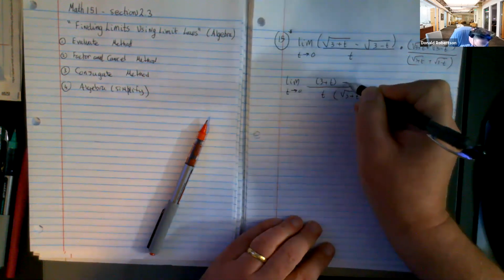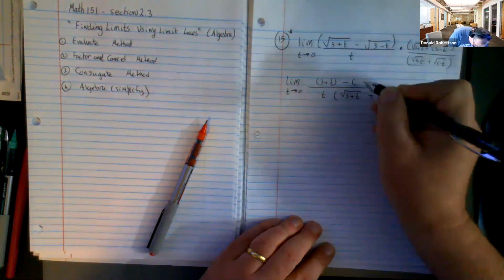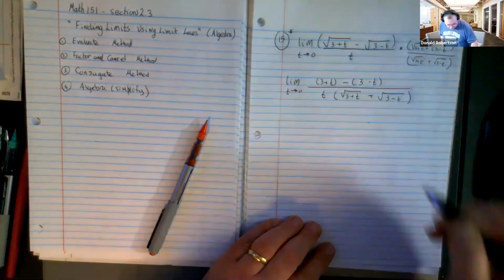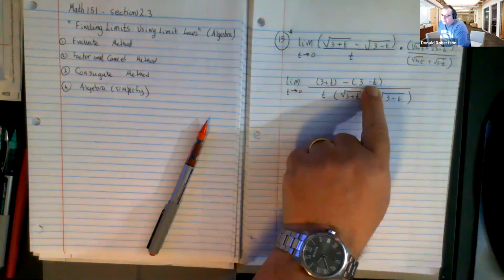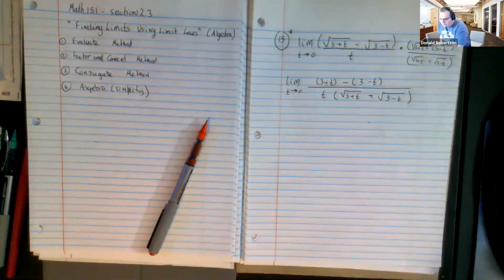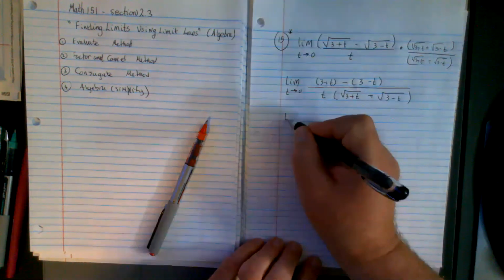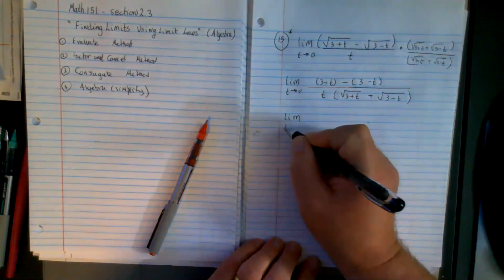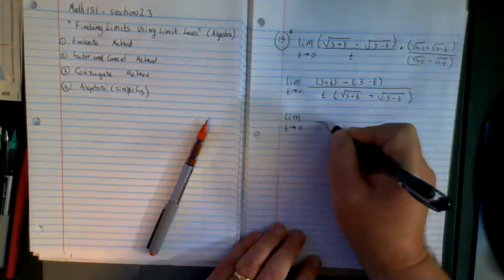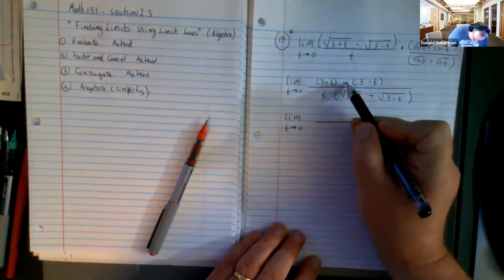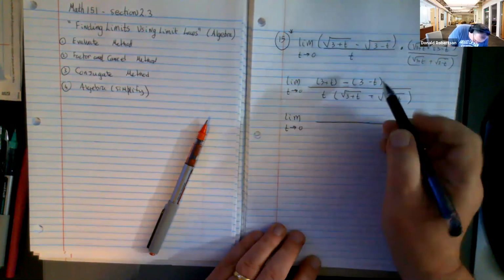Take away, if you take the second guy and square it, you get 3 minus t. Are you happy about where this would come from? And if you're not, just FOIL it out and write it down. So what do you get? 3 take away 3, t take away a negative is 2t.